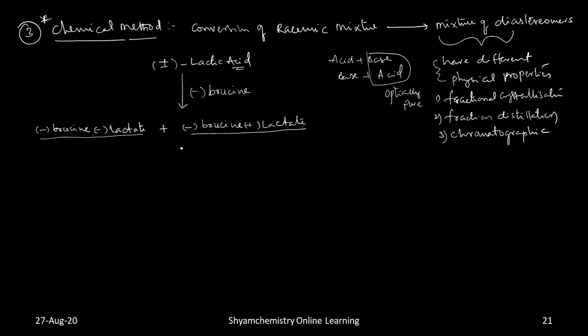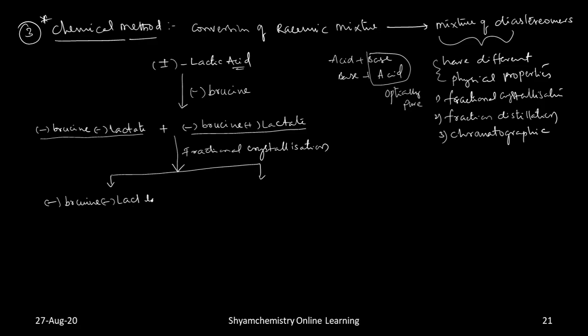After getting the diastereomeric mixture, we separate it into two components by fractional crystallization: minus brucine minus lactate and minus brucine plus lactate.